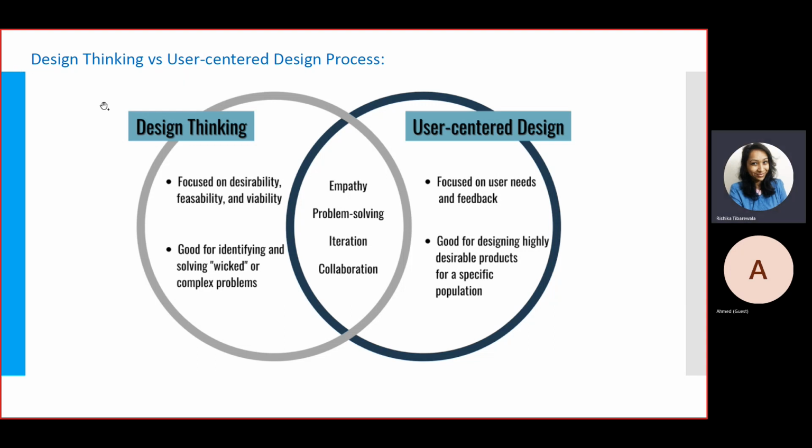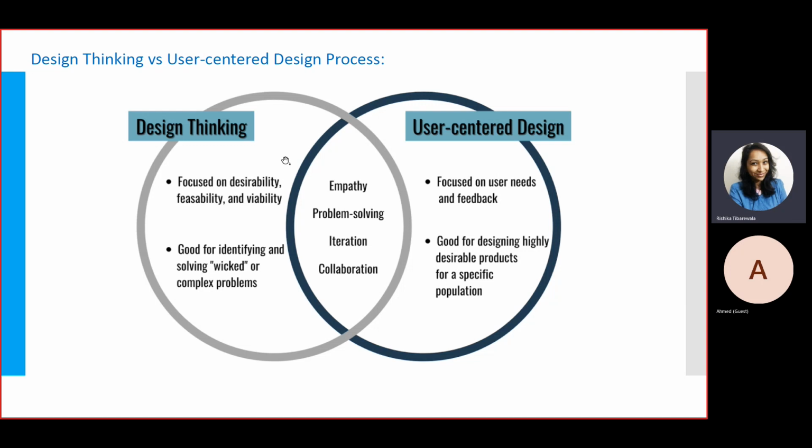Okay, now what is the difference between design thinking and user-centered design process? Basically both are, I would say, 99% similar. They both involve empathy, they both involve problem solving, they both involve collaboration of the teams. And the main difference is just the aim behind both these processes.